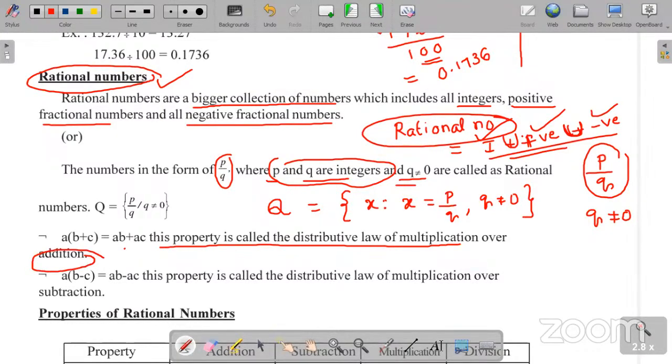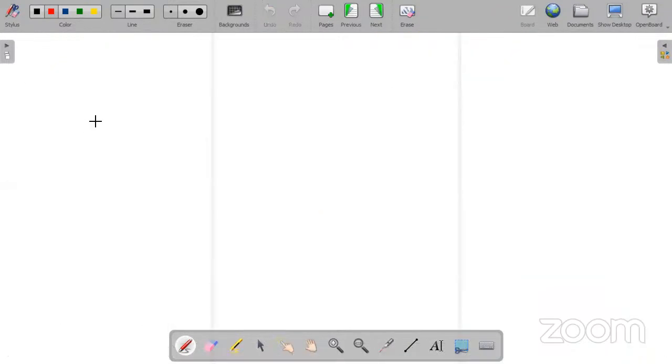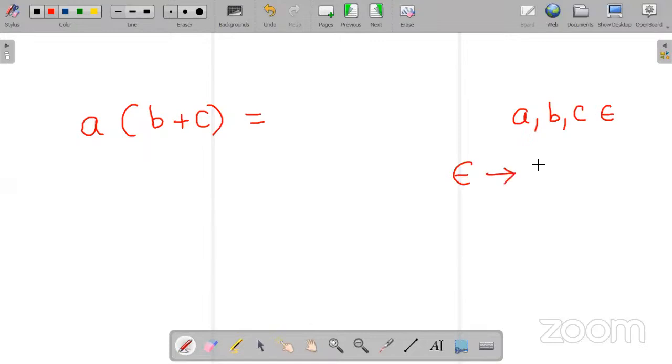So, my dear students, you remember one thing. Suppose you want to find this value, A multiplied by B plus C, where A, B, C are rational numbers. Generally, for rational numbers we can write the belongs to symbol. Please remember how to read this symbol: belongs to.